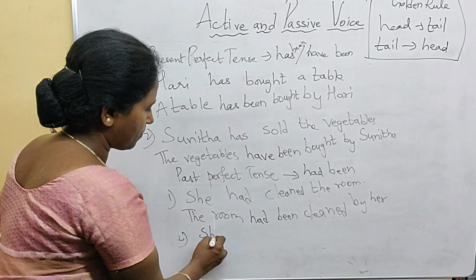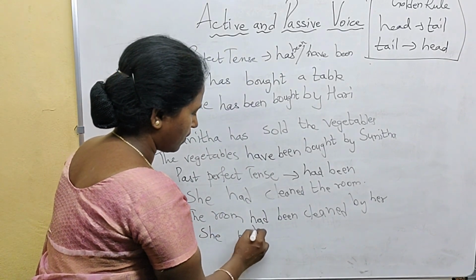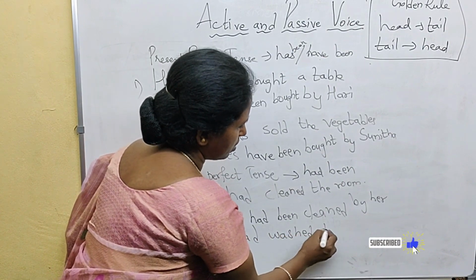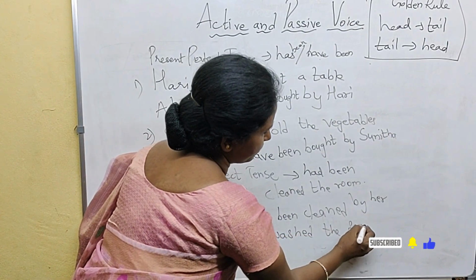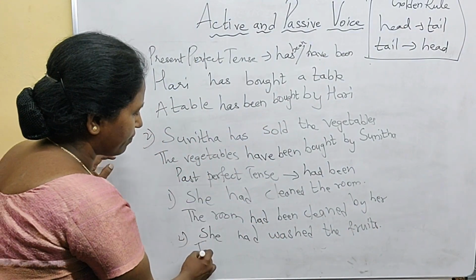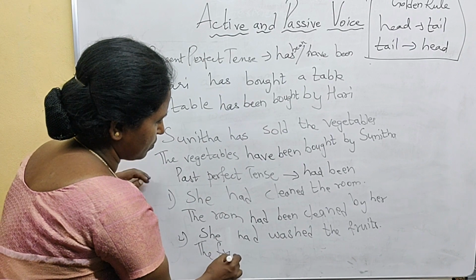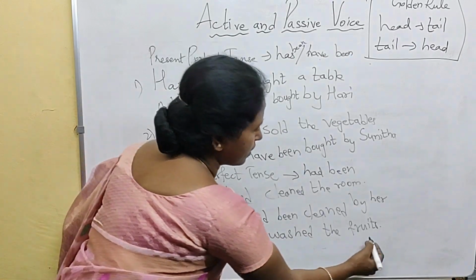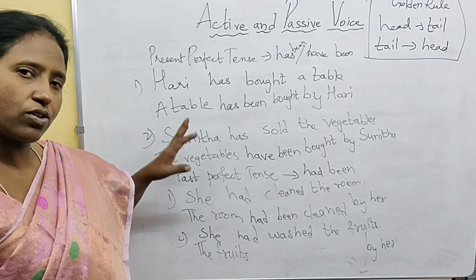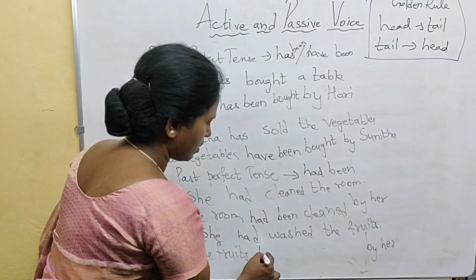If you say, she had washed the fruits. If it is this way, the fruits, and here it is by her. Now fruits, let it be singular or plural, what will you use?